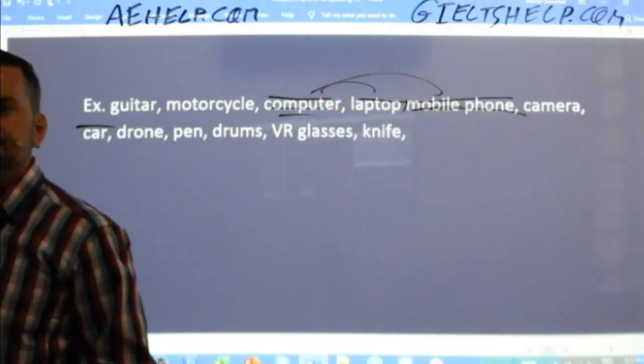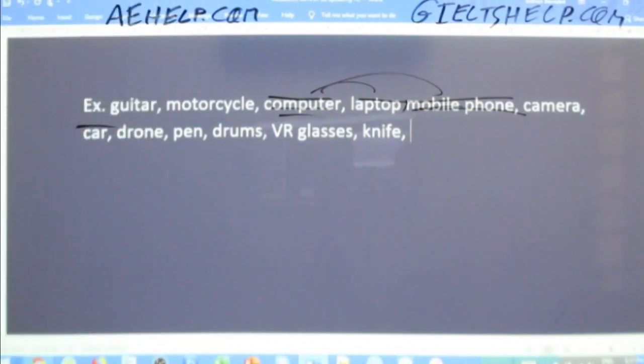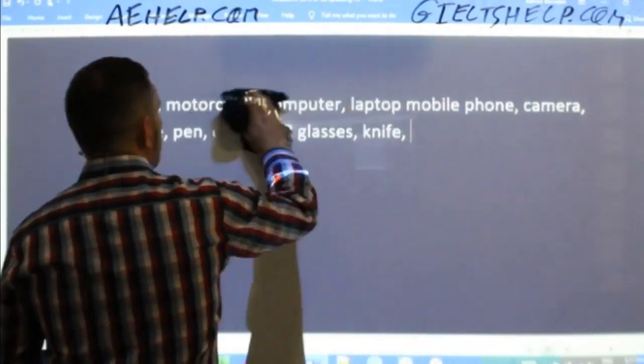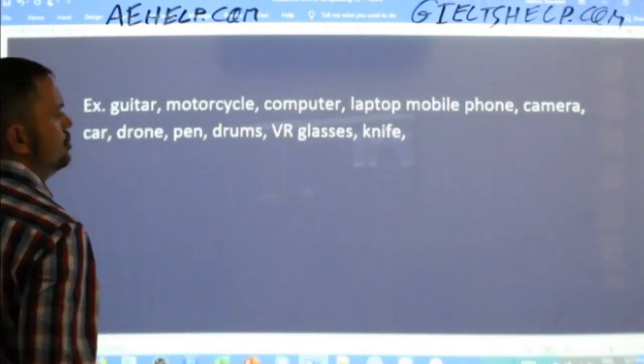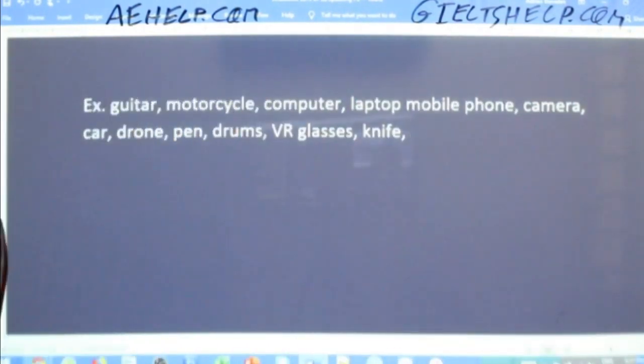All right. Good. So we have lots now. So I wouldn't choose computer. I wouldn't choose laptop. I wouldn't choose mobile. They're very tricky. I might not choose camera. So here, just remember this for the future.